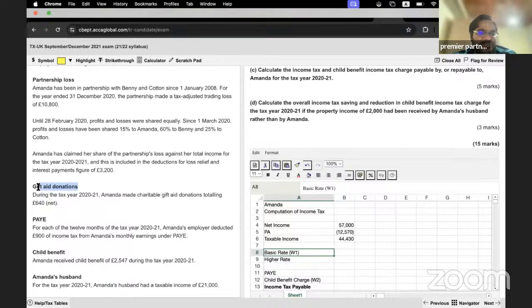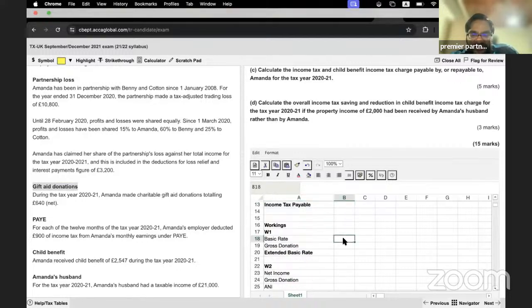Why? She has a gift aid donation. So from the gross gift aid donation amount, I will have to extend the basic rate band. For that, I have given a working and I clearly gave the working reference number. So I'm going to the workings. My basic rate band is 37,700. Net donation is 640 divided by 80 multiplied by 100.